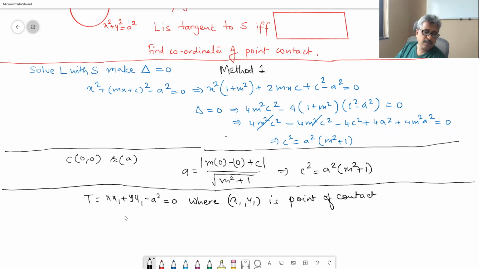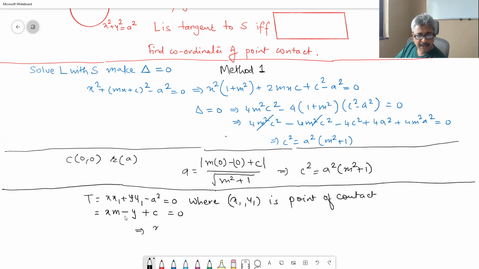Correct? But we have been given mx plus y minus y plus c is equal to 0. That is the equation we have been given. So these two equations are not same, but their coefficients must be proportional because it is the same line represented in two different ways.